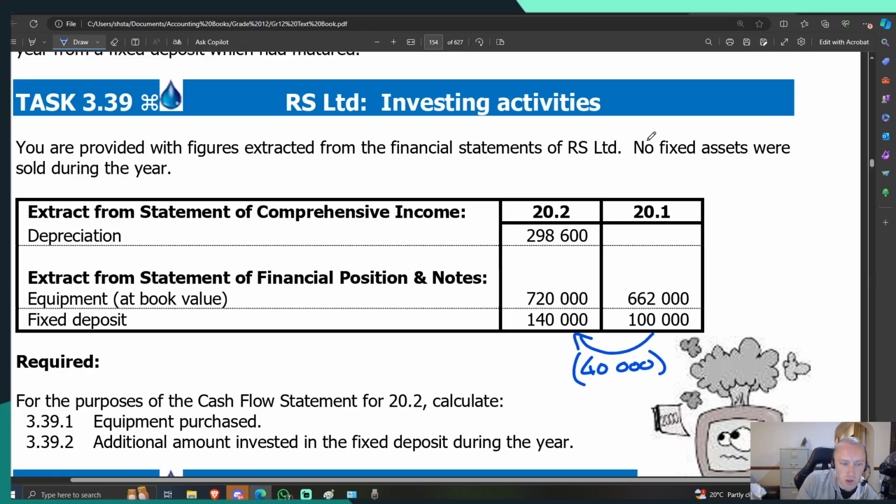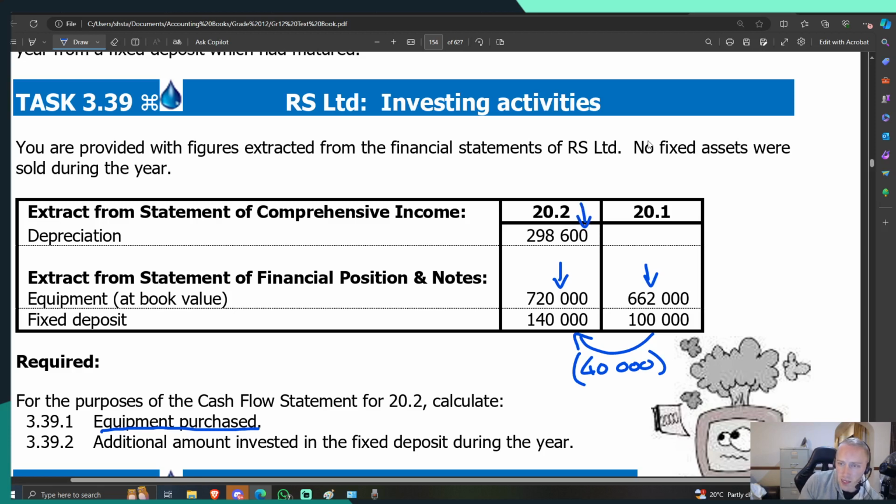Now it says we also have to calculate equipment purchased. Now how do we calculate that? Well, what we're given is book value at the end of the year, book value at the beginning of the year. We're also given depreciation.